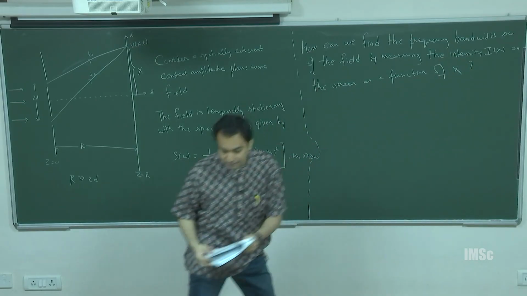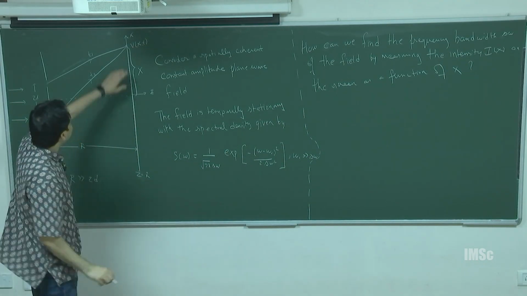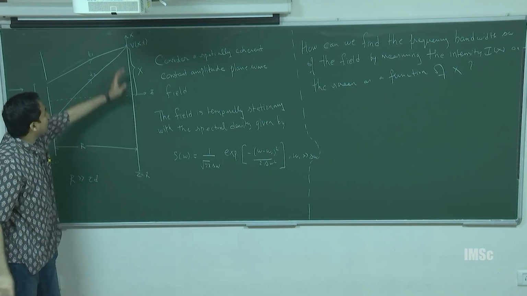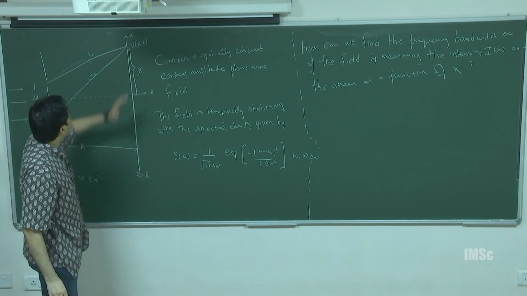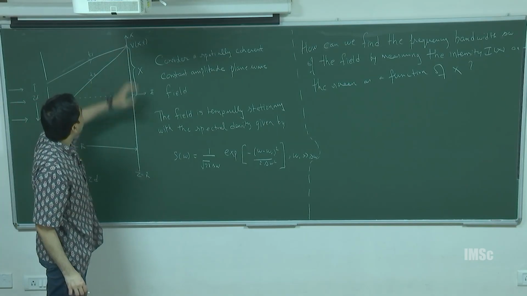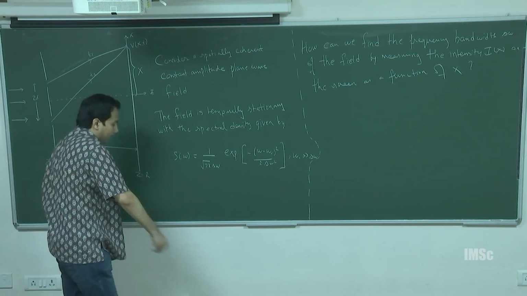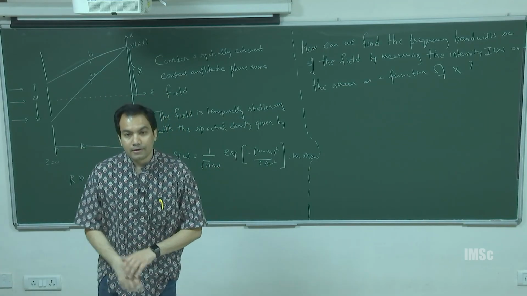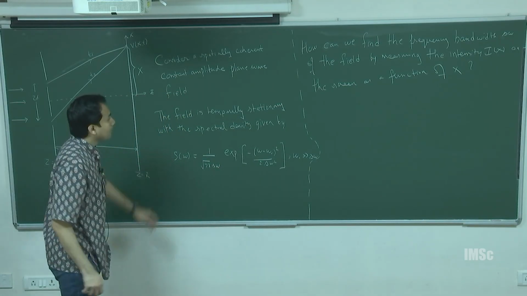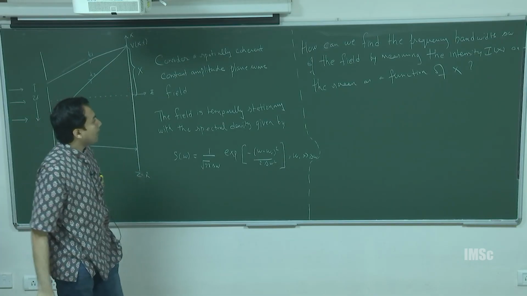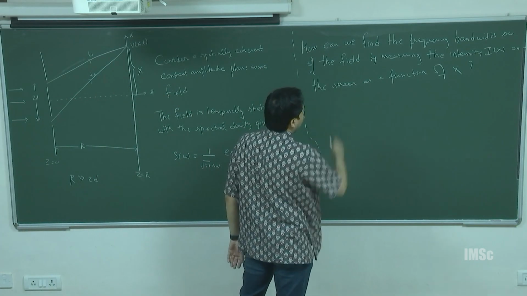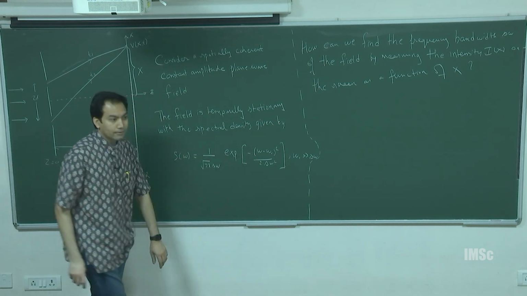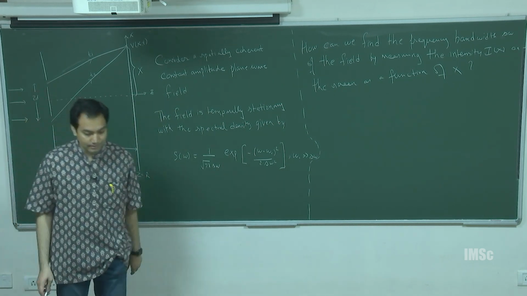Basically, if we measure the interference intensity of the field at this point, if we can measure the intensity or the visibility of this interference pattern, from that information can we find the frequency bandwidth of the spectrum of the source? So that's the question that we wish to answer.